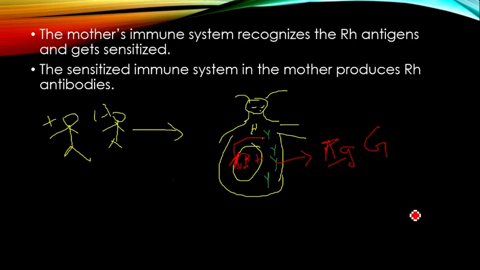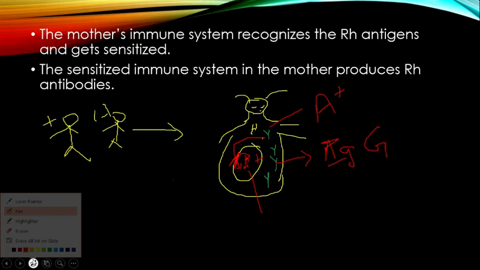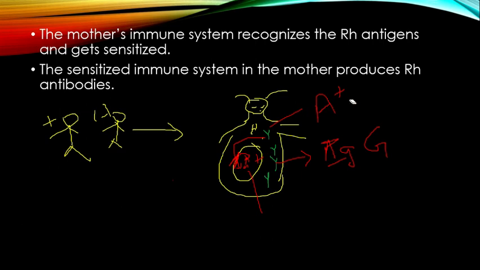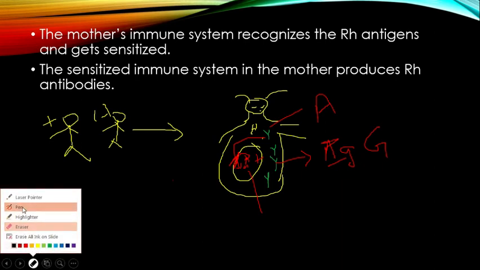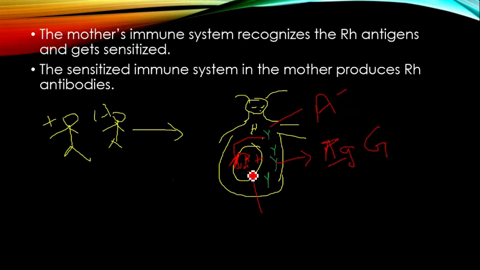Example, if the mother contains A negative blood and the fetus contains B positive blood. A negative blood means there are B antibodies in the plasma. These B antibodies cannot cross the placenta.